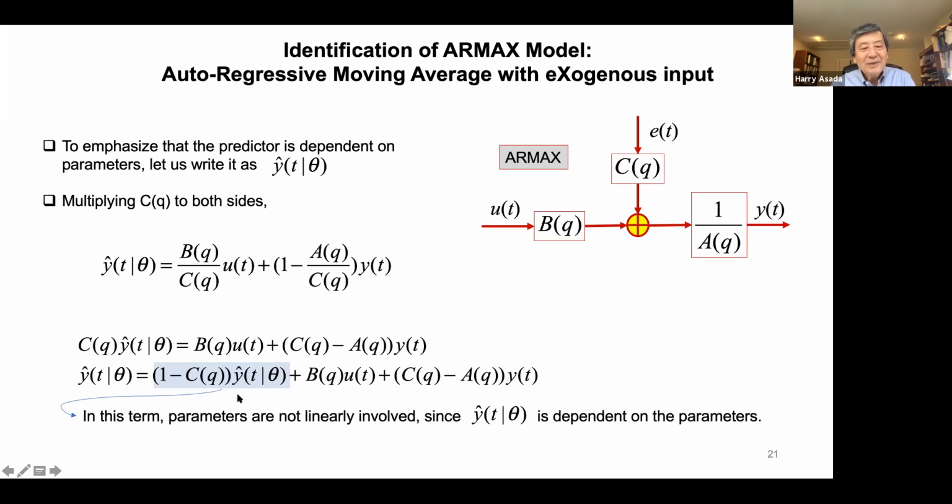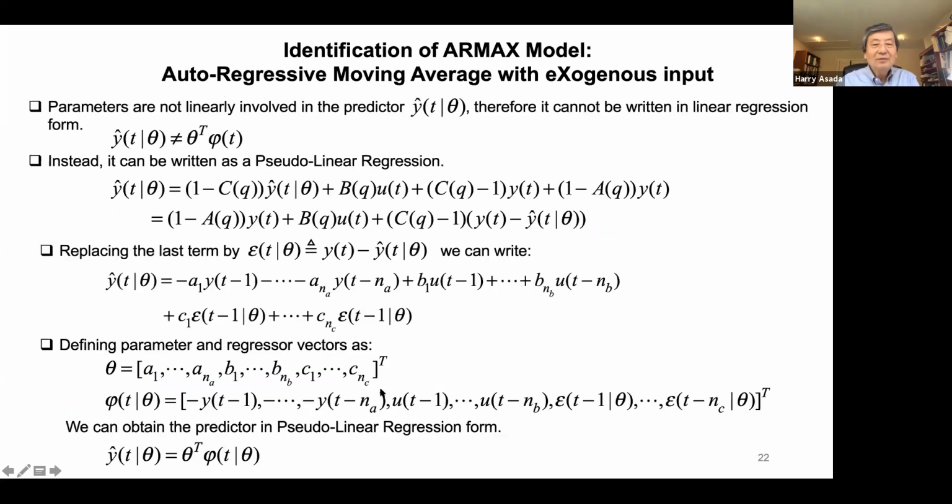But for our ARMAX model, unfortunately, we have this. So it turns out that this cannot be written in a linear regression form. We wish to write it that way, but we can't, so we had to do something. Now it's an identification of the ARMAX model, autoregressive moving average with exogenous input. Here the moving average is for the noise channel going through C(q). That's basically the moving average part.